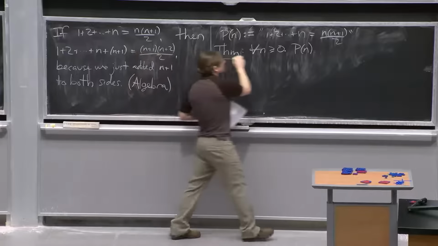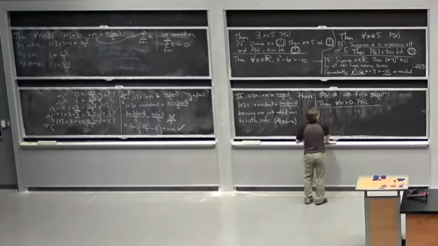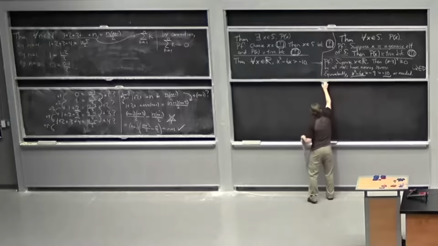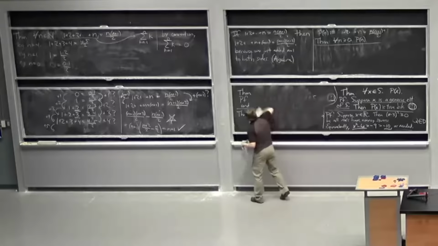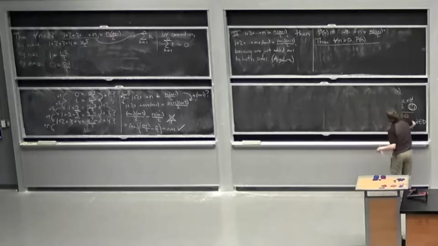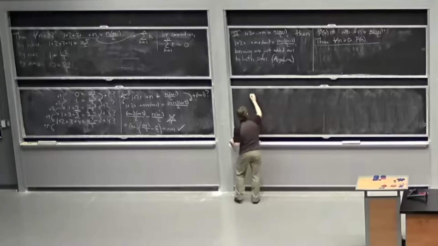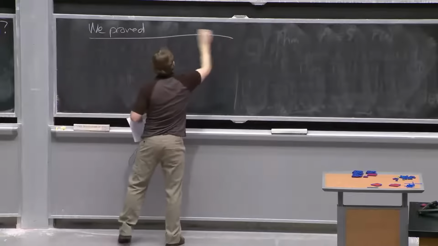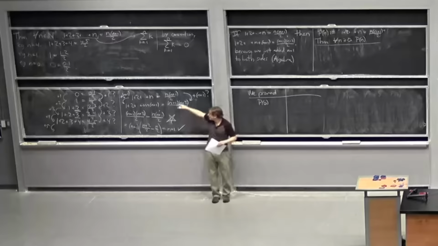And now, what we accomplished over on that board, actually, I want a fresh board for this. That's going to be this board up here. What we accomplished is, first of all, we proved P of 0. That's the first line up here.